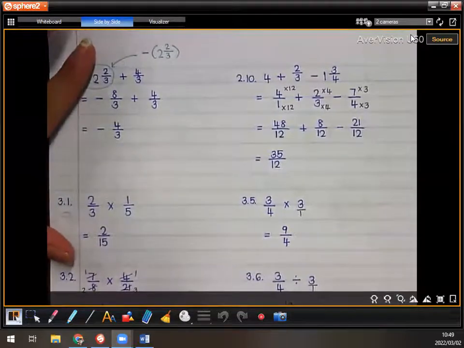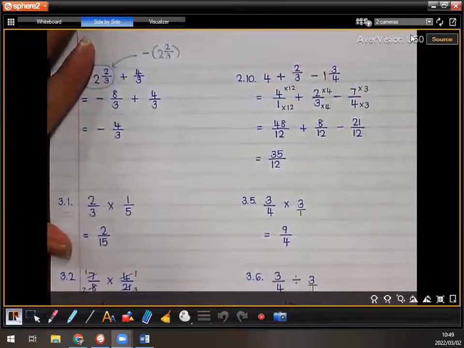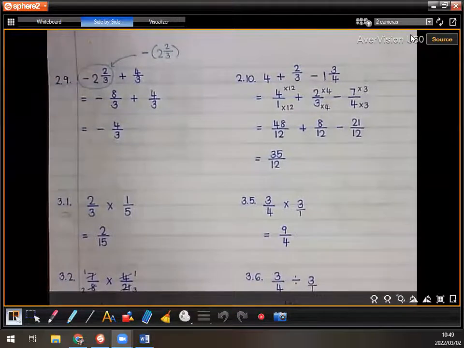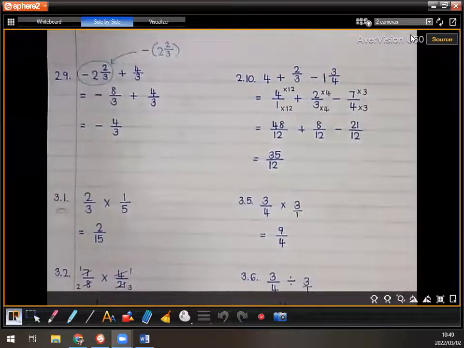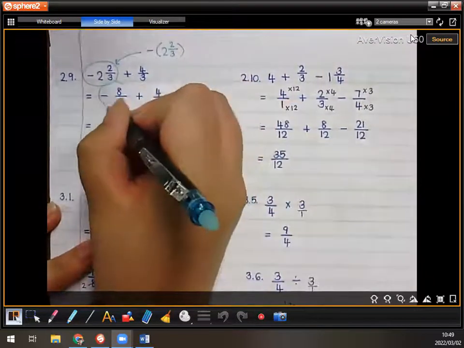But guys, if you just have to calculate 2 and 2/3, that would just be 8/3. I think we're all fine with that. But now we're just saying that that number is a negative number. It's the same as saying -5. It's not the value of 5, but it's just a negative number. Okay, so just make sure that you get to that there, please.